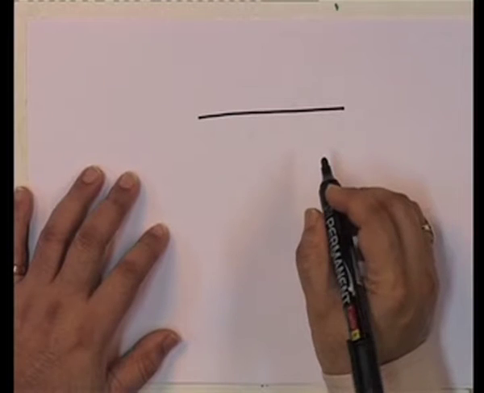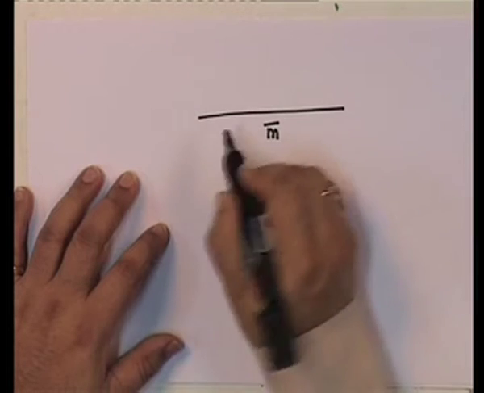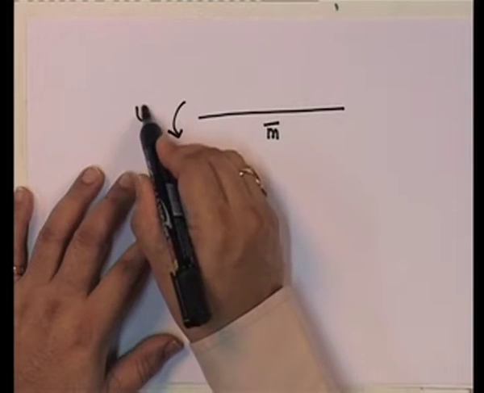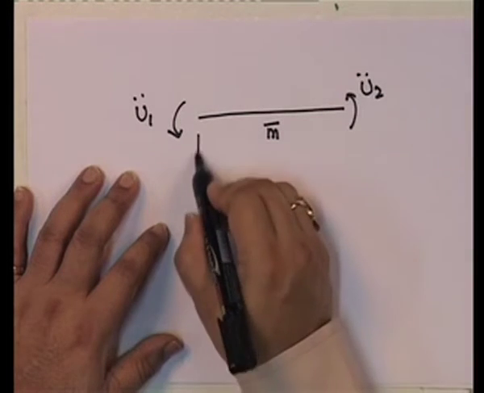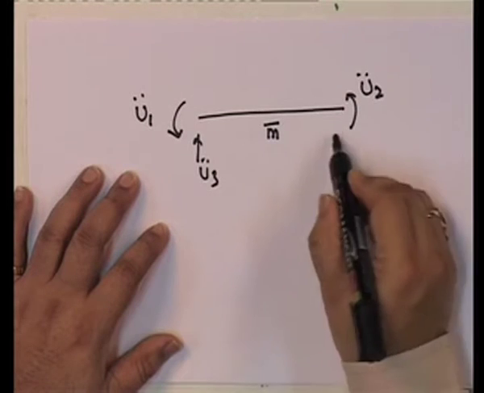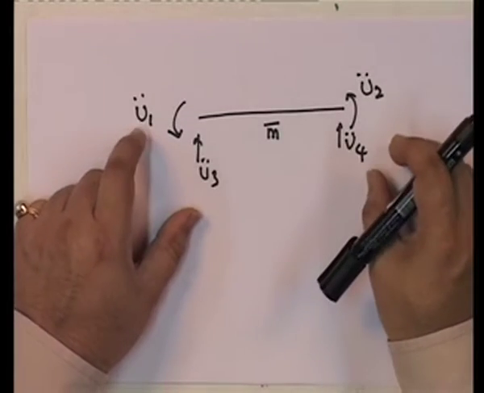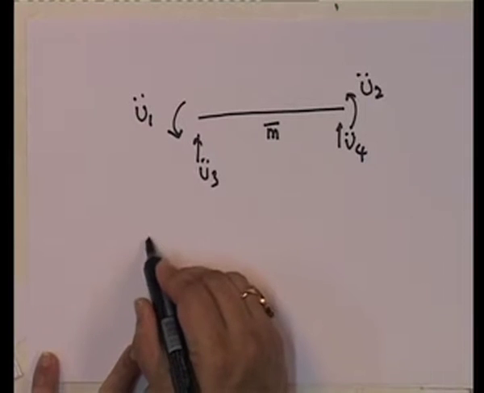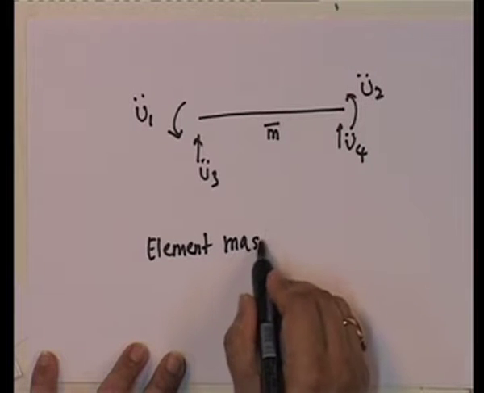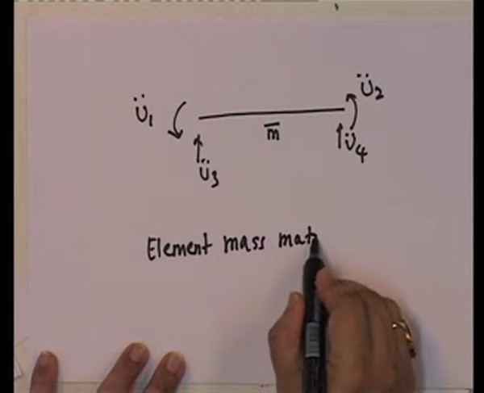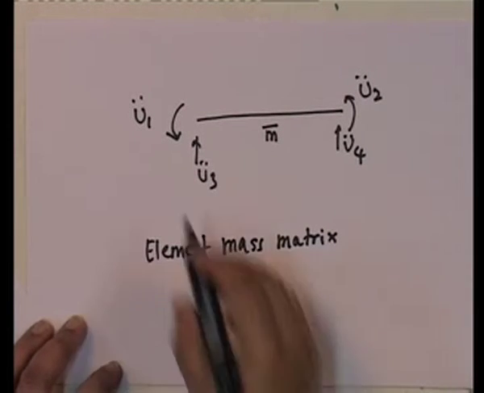Now I am computing the mass matrix. So, here I have m bar. Note that I have V1 double dot, V2 double dot, V3 double dot, V4 double dot. If I want to find the element mass matrix, what is the element level mass matrix here?